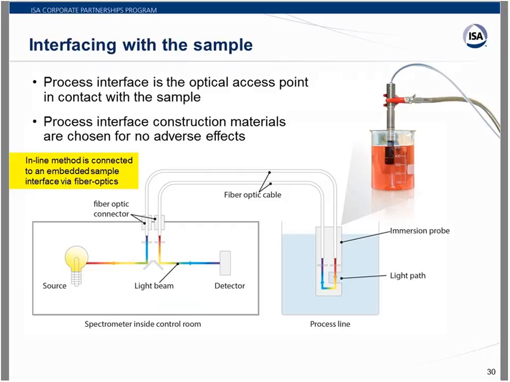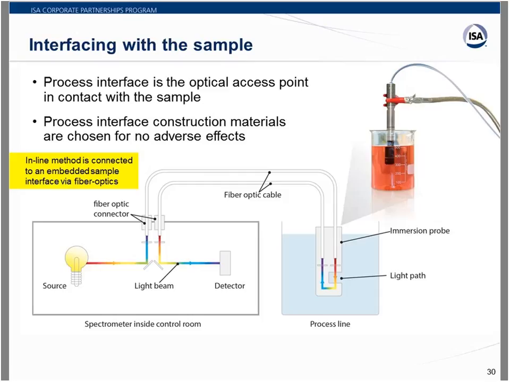So rather than using a sample cuvette, we're actually going to replace that with a fiber optic immersion probe. And that immersion probe is basically a portable cuvette that is connected to the instrument using fiber optics, which are basically like long snake-like objects that transmit light from the spectrometer to your process.